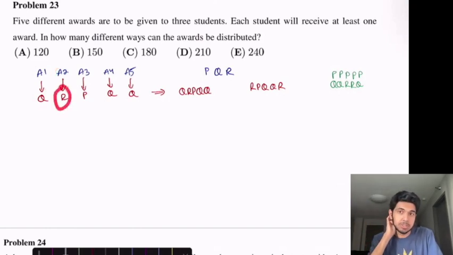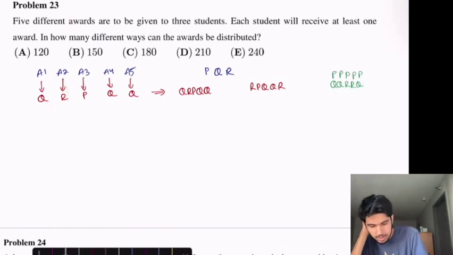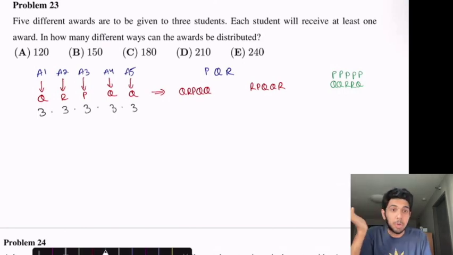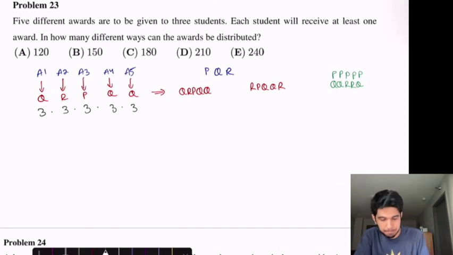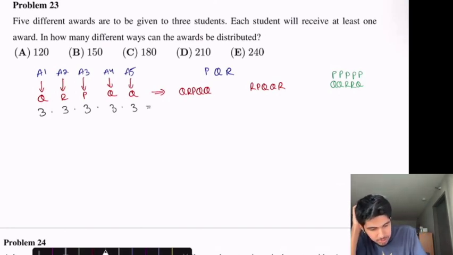So 3 options for the first, 3 options for the second, and same for the other awards. And we'll multiply these together since the distribution of the awards are independent of each other. This gives us 3 to the 5, which is equal to 243 total strings.